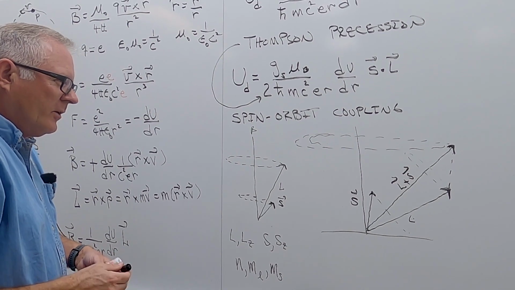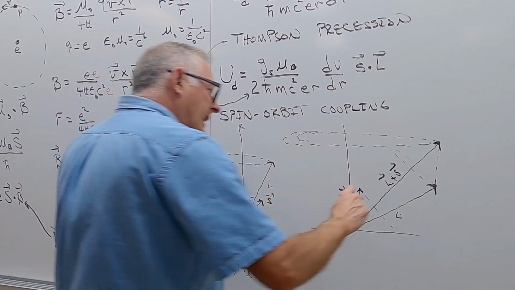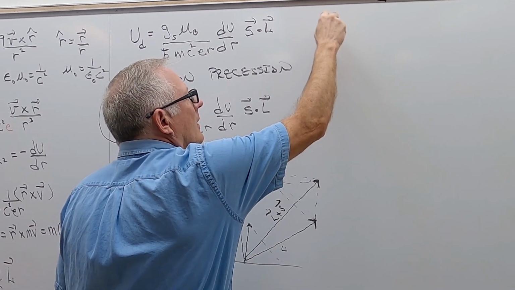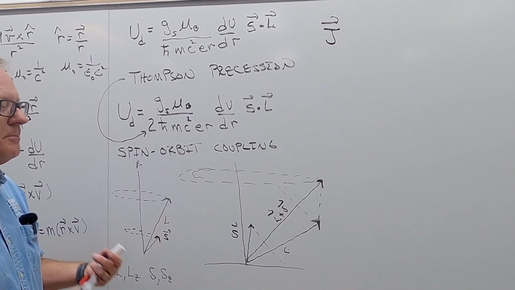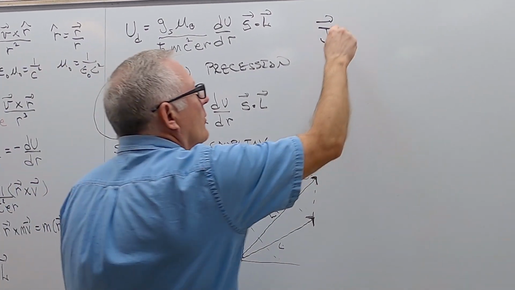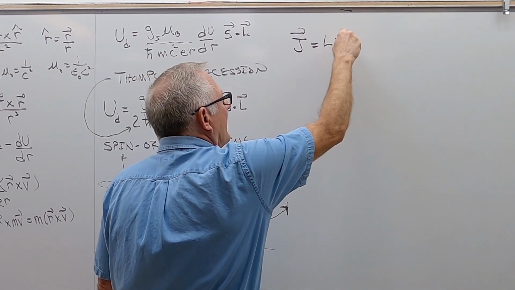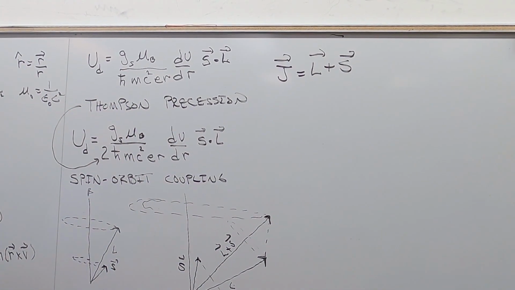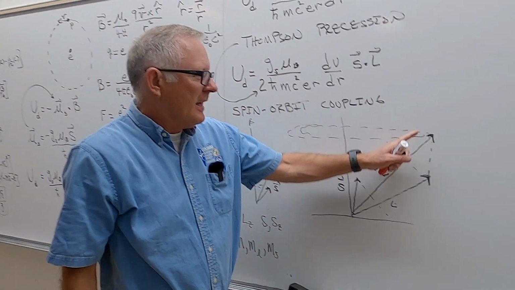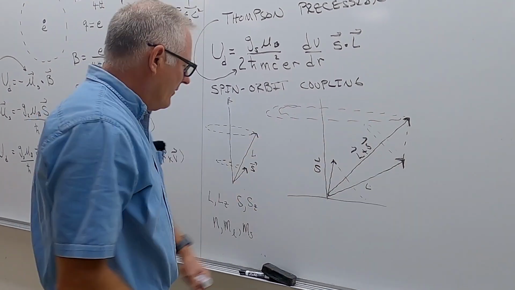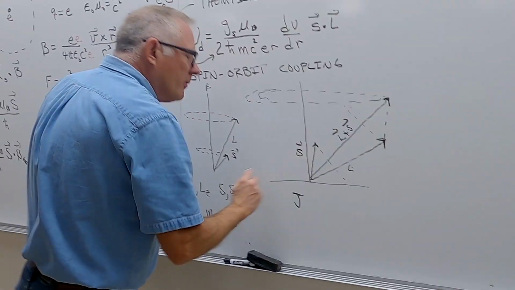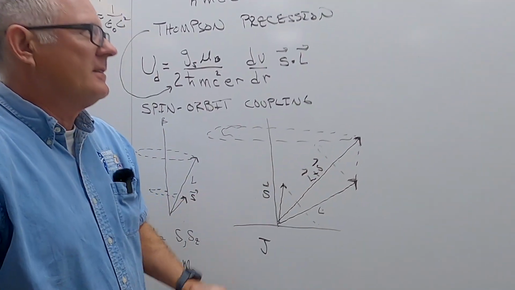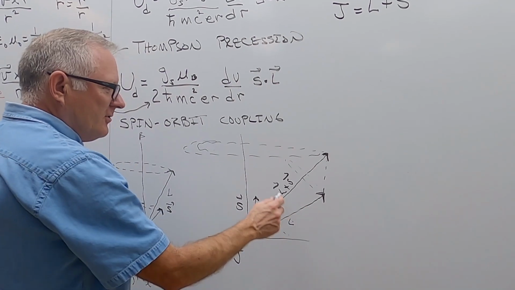So what we'd like to do is call J the total angular momentum, which is L plus S. And it's J that's going to stay. That's a good one we want to use here, J, which is L plus S, plus the Z component of J right here.